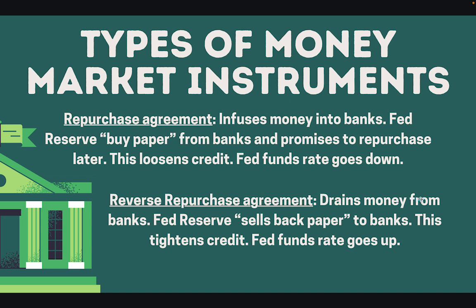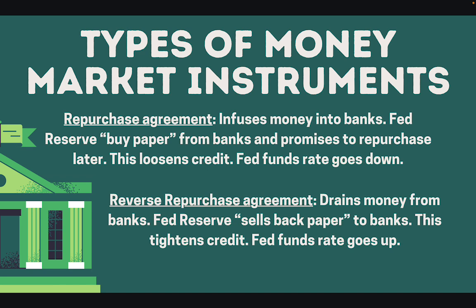Okay, now I sort of touched on this, but let's go ahead and look at the other terminology associated with the Federal Reserve buying and selling money market instruments. So repurchase agreements are when the Federal Reserve buys a money market instrument from a bank. So that infuses money into the bank.